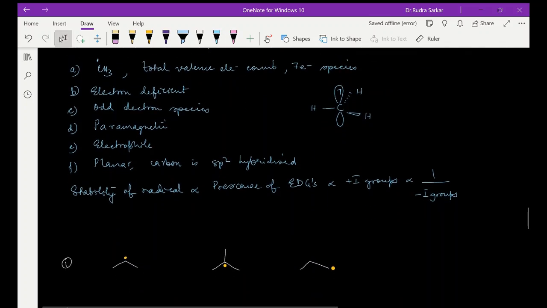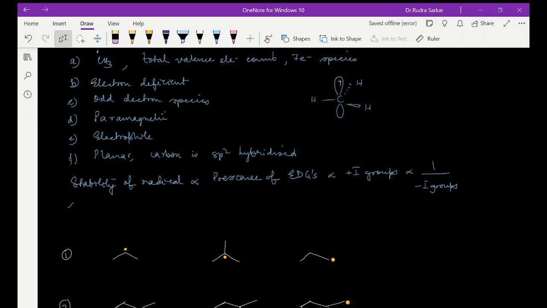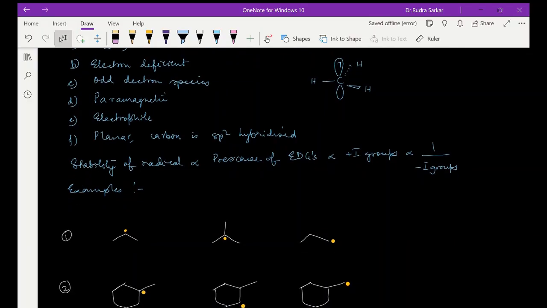So let's take some examples. All we need to keep in mind is that we have to count from how many carbons there is a plus I effect happening. So here this is from 3, this is from 2, and here this is from 1.